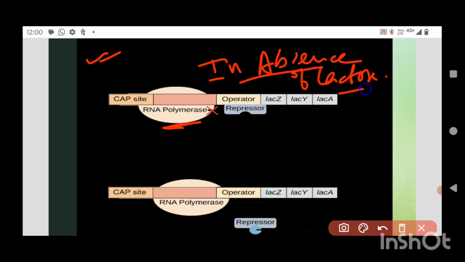In absence of lactose molecule, even in presence of RNA polymerase, the transcription is not happening because the repressor molecule gets attached to the operator, and RNA polymerase cannot proceed with the reaction.